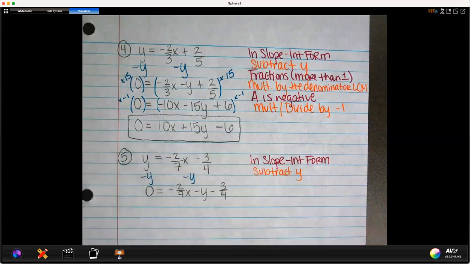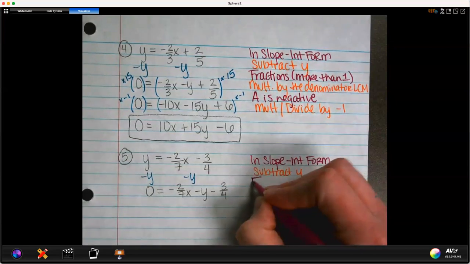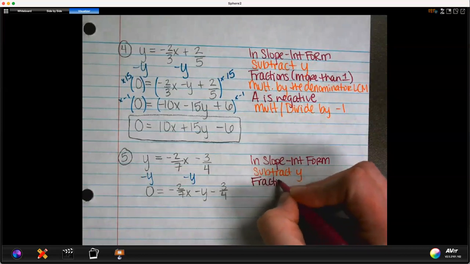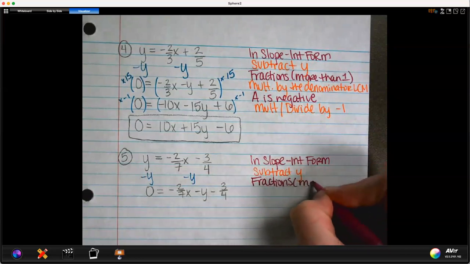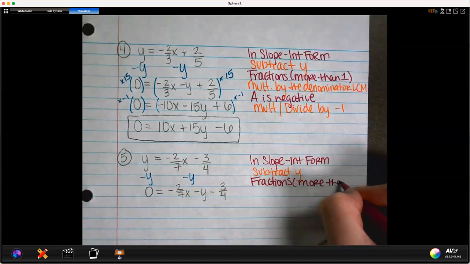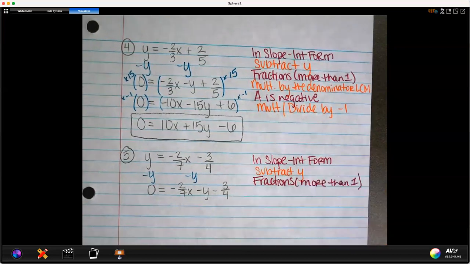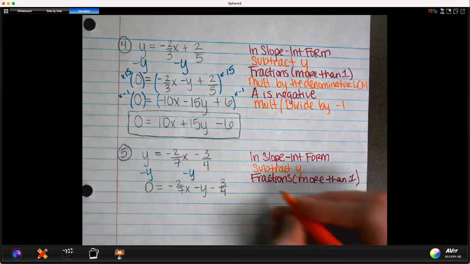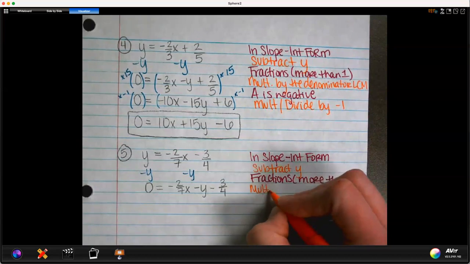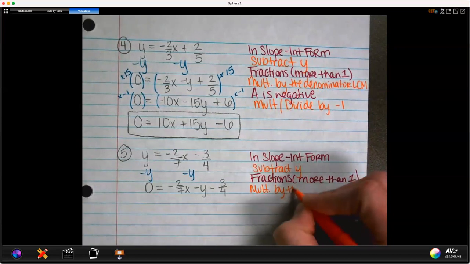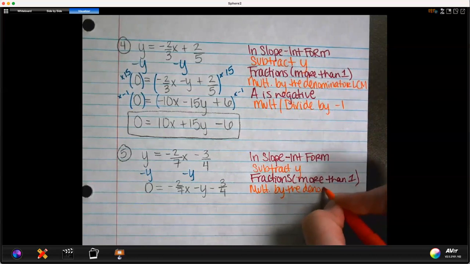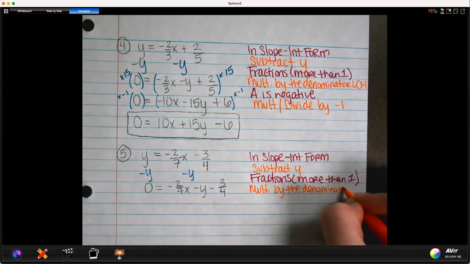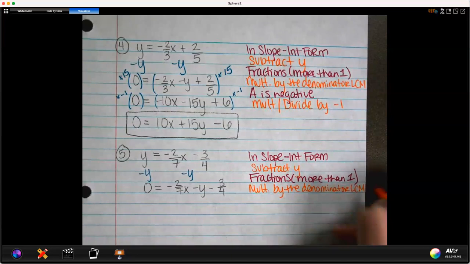From there, hopefully you noticed that we had multiple fractions, so we needed to multiply by the denominator LCM. What is the denominator LCM? 28. For this problem, it is 28.